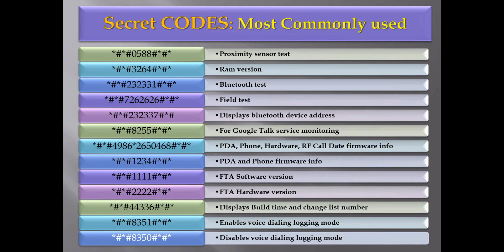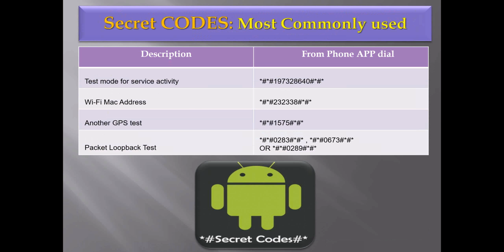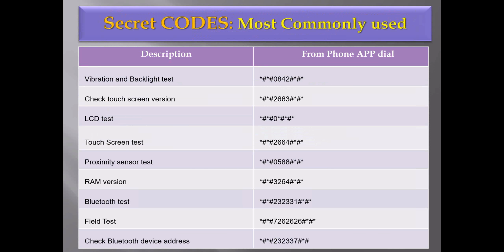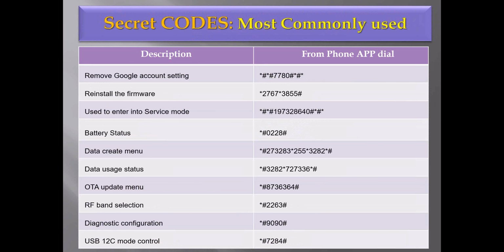So these are mostly the informational slides and the secret codes that are most commonly used. It is very, very helpful if you do the testing, and I hope you guys enjoyed today's session, and we will see each other on Monday.